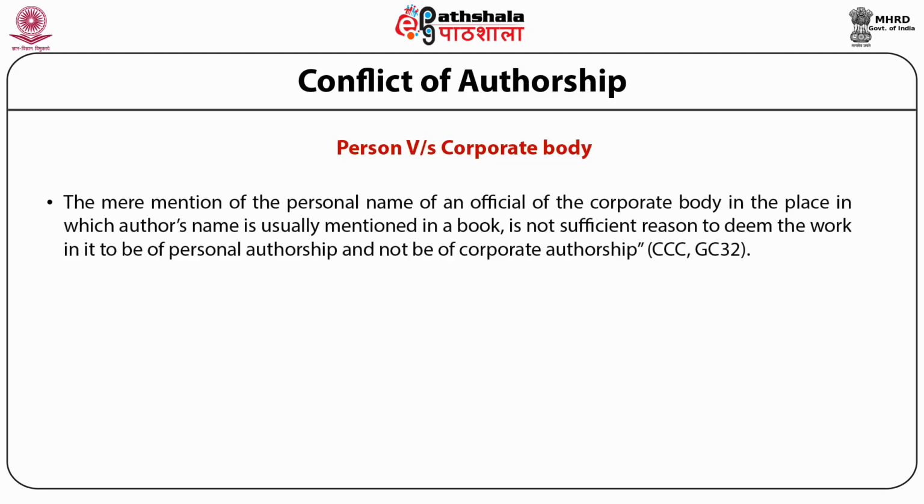The mere mention of the personal name of an official of the corporate body in the place in which the author's name is usually mentioned in a book is not sufficient reason to deem the work in it to be of personal authorship and not of corporate authorship. CCC rule number GC32.